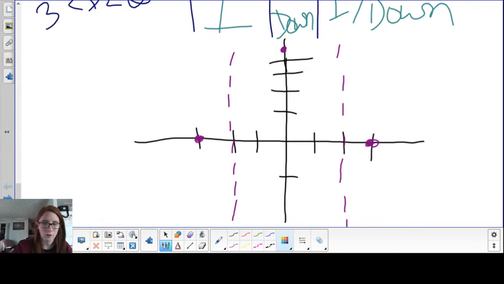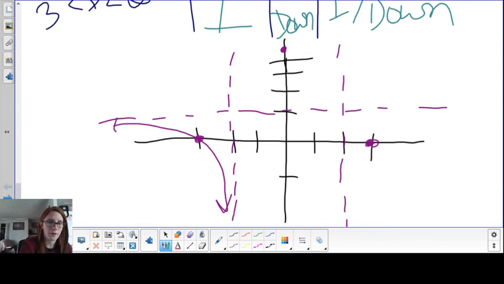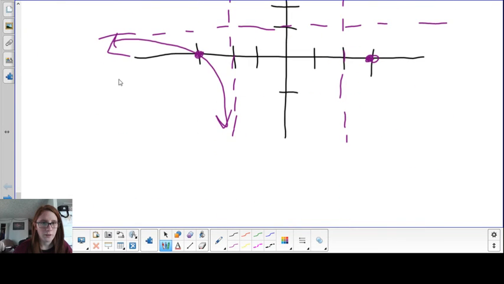I also forgot my horizontal asymptote. So my graph is going to look like that on that first part, because I was decreasing. Decreasing left to right is getting smaller, as your x's get smaller, your y's get smaller, and we're concave down, so concave down is an upside down parabola.